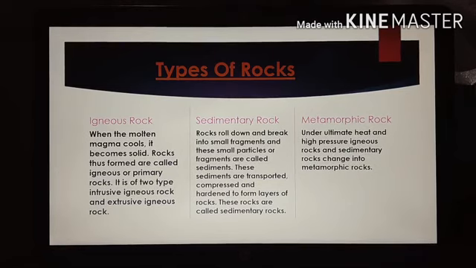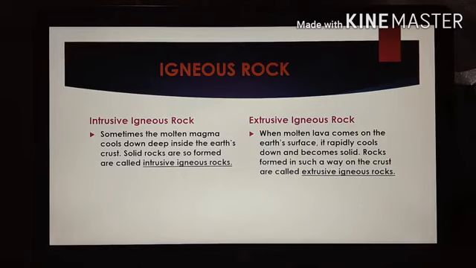When these sediments are transported and compressed with the help of different factors of nature, these compressed or hardened layers of rock are known as sedimentary rock. Again, with the help of ultimate heat and pressure, both igneous and sedimentary rocks can change into metamorphic rock.